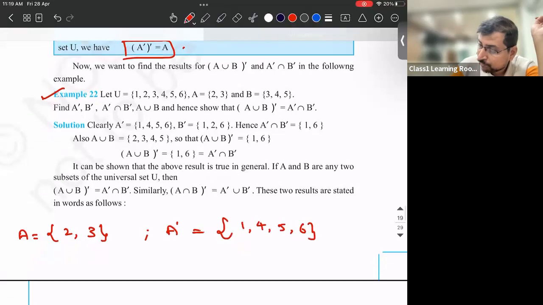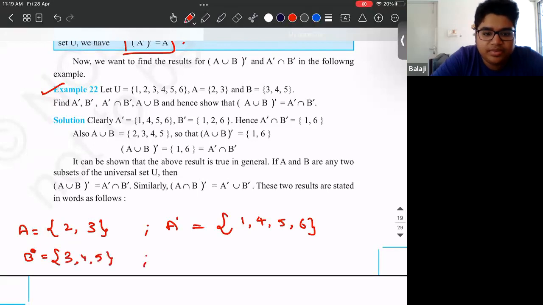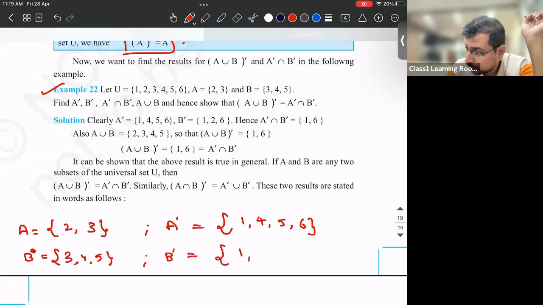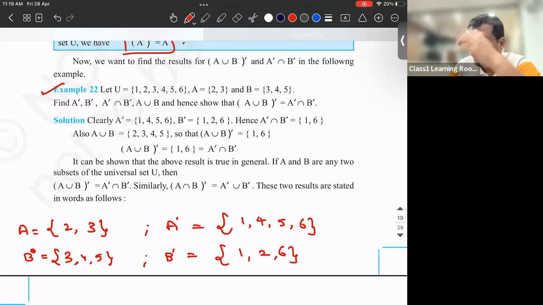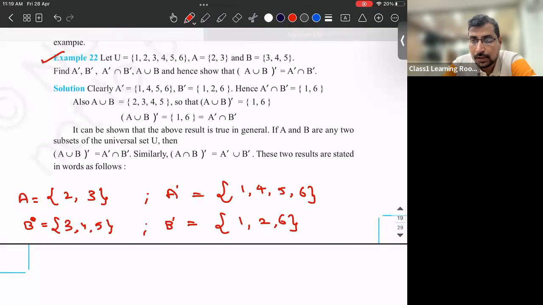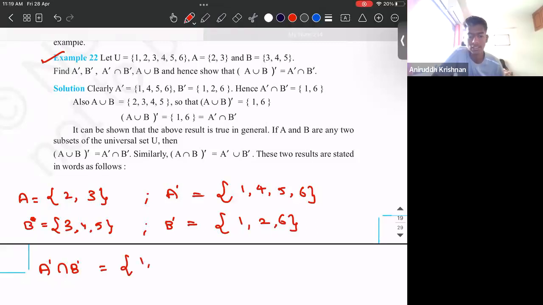Correct. What is B complement? B is 3, 4, 5. B complement is 1, 2, 6. Okay. Anirudh, you tell me, what is A complement intersection B complement? It's 1 and 6.